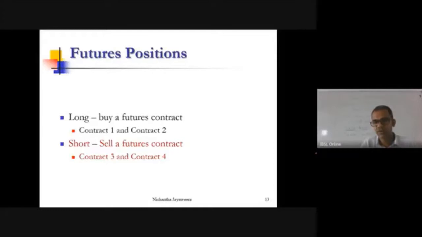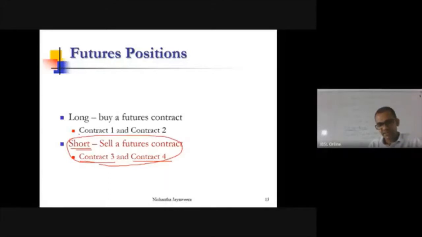That means you haven't bought any euro dollar or any oil, but you sell a futures contract on euro dollar and an oil contract. Then you are in a short position because you have the obligation to deliver euro with respect to this contract. With respect to contract 4, this is on oil, you have an obligation to deliver oil. So in that sense, it's a short position.